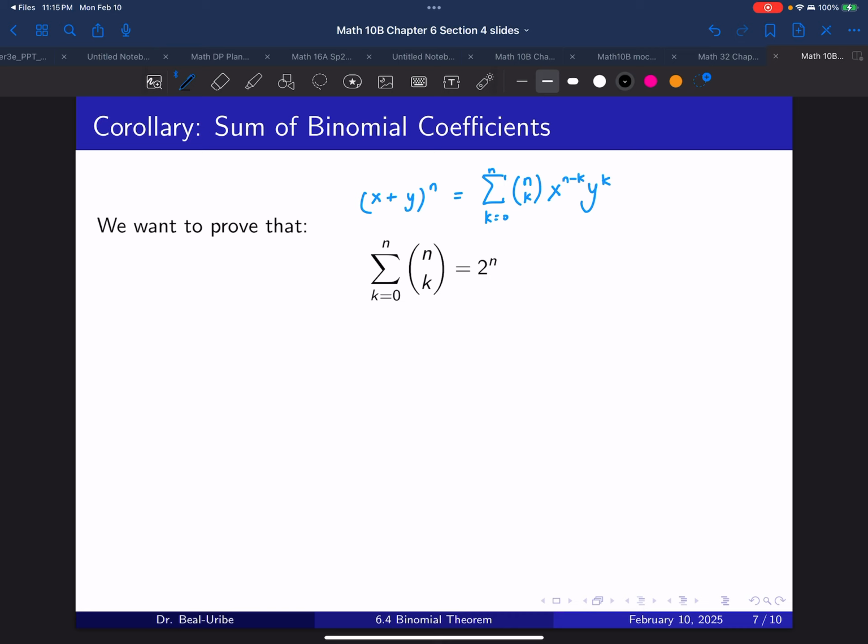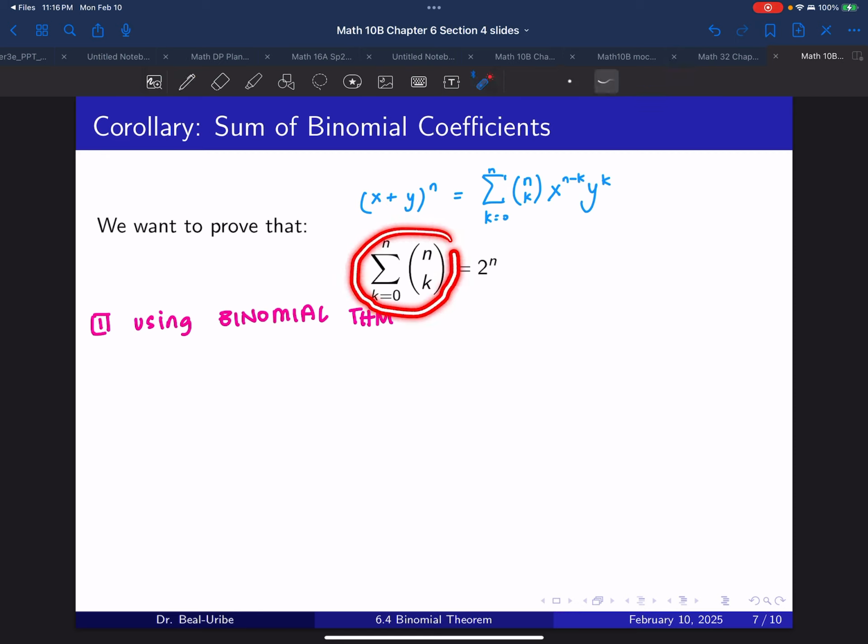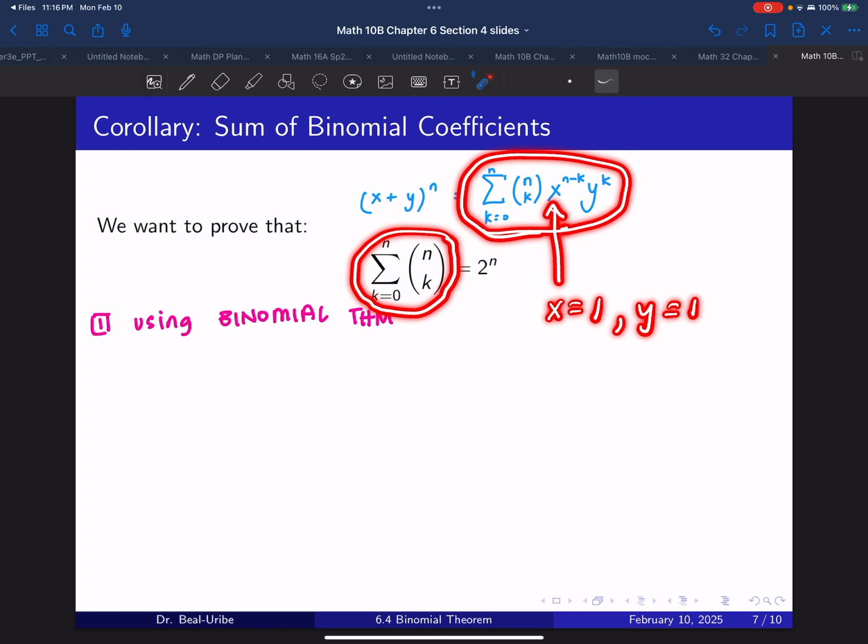All right, so we've done some examples. Now let's use binomial coefficients to prove some identities. And this first one here is proving this sum is equal to 2 to the n. So I have a couple of different ways to do this. First way I want to do it is using the binomial theorem. Then I can say that this left-hand side is equal to this if I let x equal 1 and y equal 1.